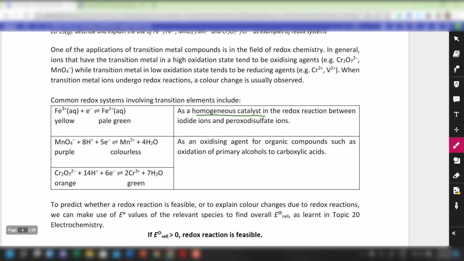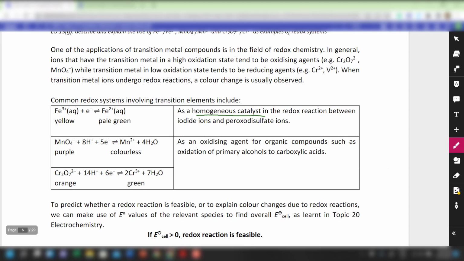Permanganate can be used as an oxidizing agent to oxidize primary alcohols as well as secondary alcohols as well as aldehydes. Permanganate can also be used to effect oxidative cleavage of the C=C double bond, as well as to perform side chain oxidation on a side chain attached to the benzene ring.